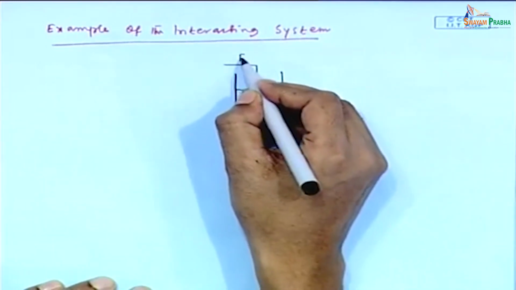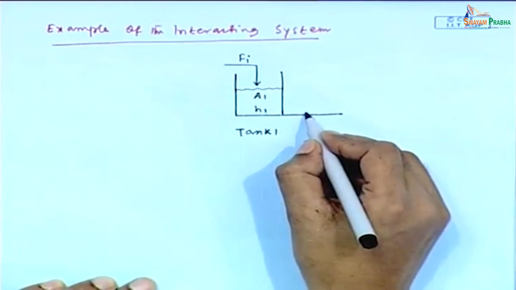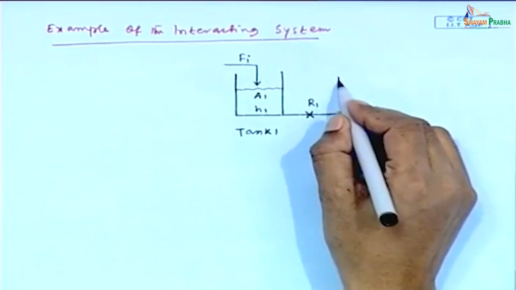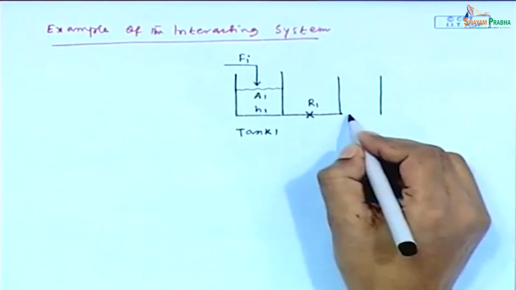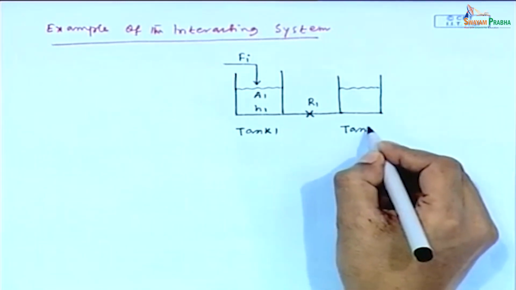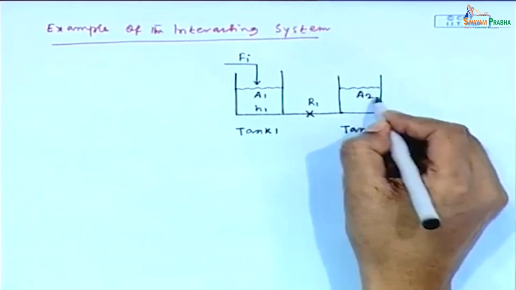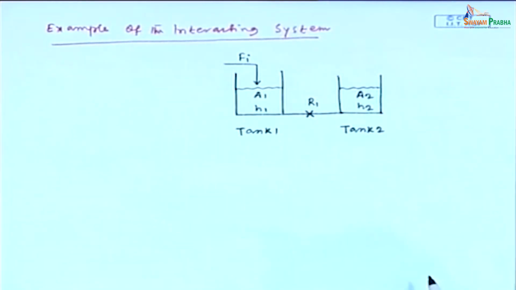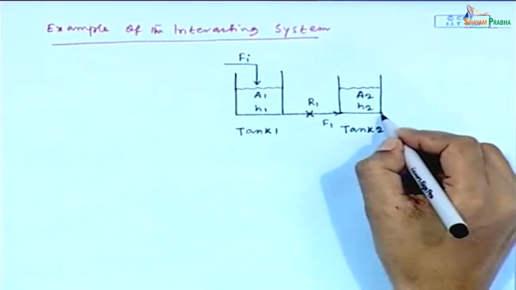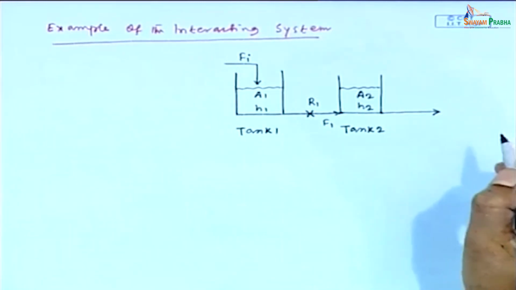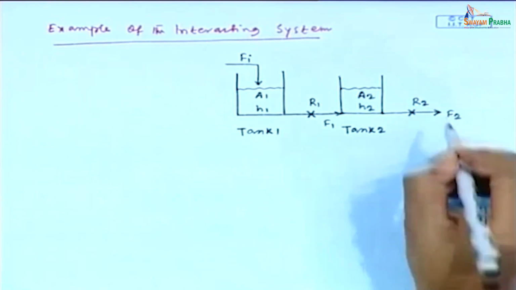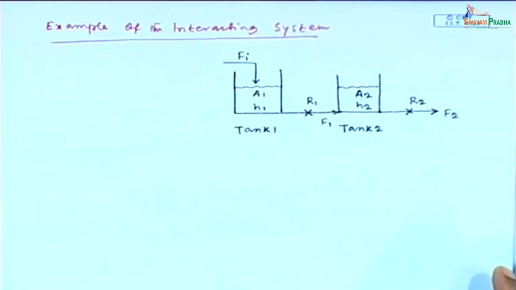Input is Fi, resistance to flow is R1, this is tank 2, cross sectional area A2, height is H2, this flow rate is F1, and the stream which is coming out from tank 2 has the flow rate of F2 and resistance is R2.